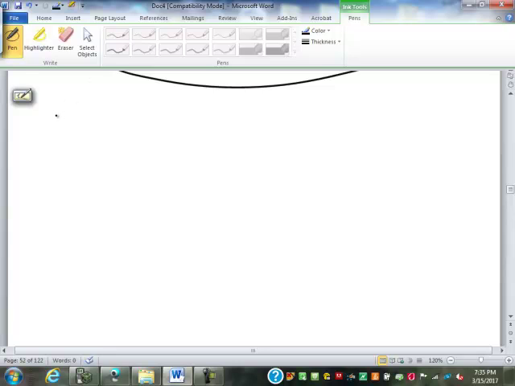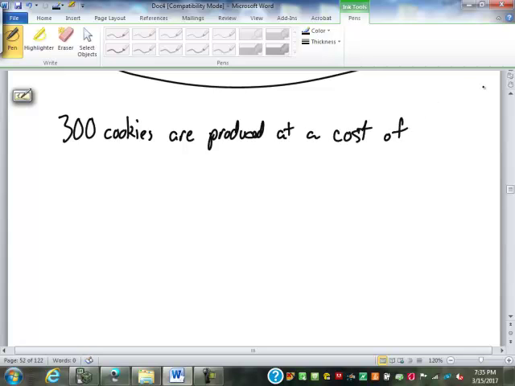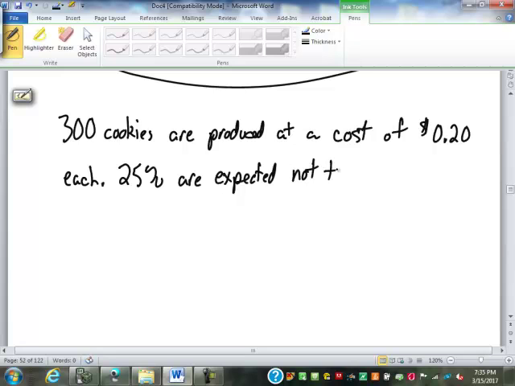So let's say that 300 cookies are produced at a cost of 20 cents each. 25% are expected not to sell.